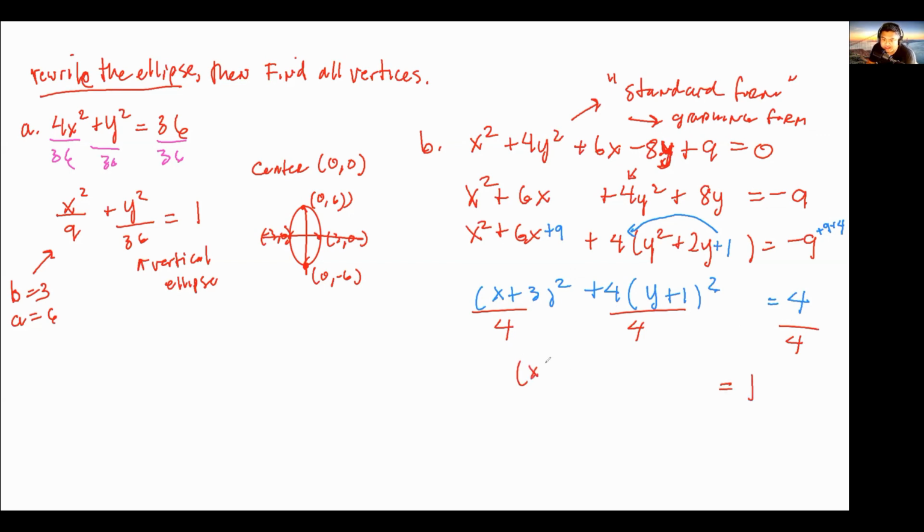So we get (x plus 3) squared all over 4 plus (y plus 1) squared all over 1. You don't need to put the 1 there, but I'm going to put the 1 there because we can actually see where the vertex, what the axes are.